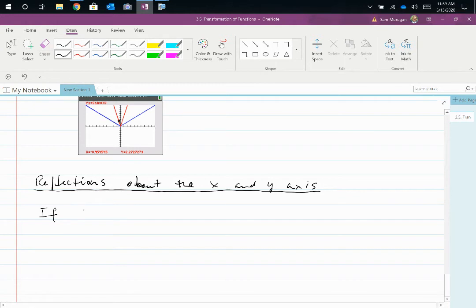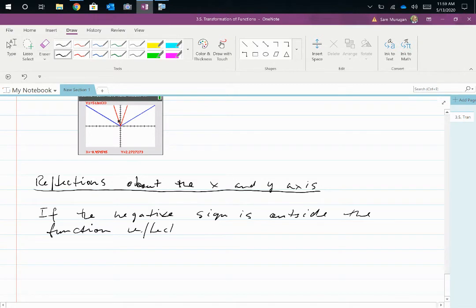If the negative sign is outside the function, it reflects about the x-axis.